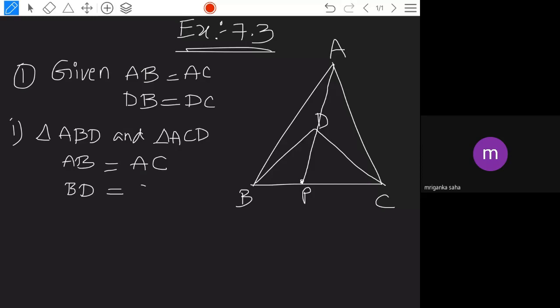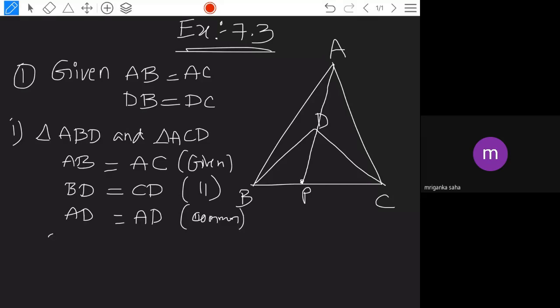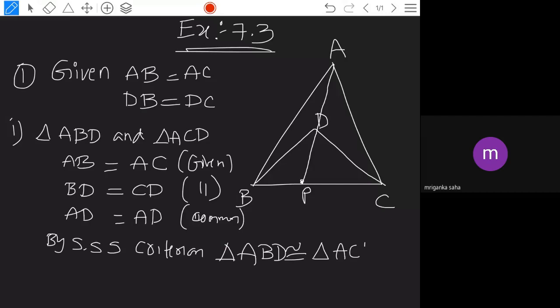And AD is equal to AD, so this is common. So by SSS criterion, triangle ABD is congruent to triangle ACD.